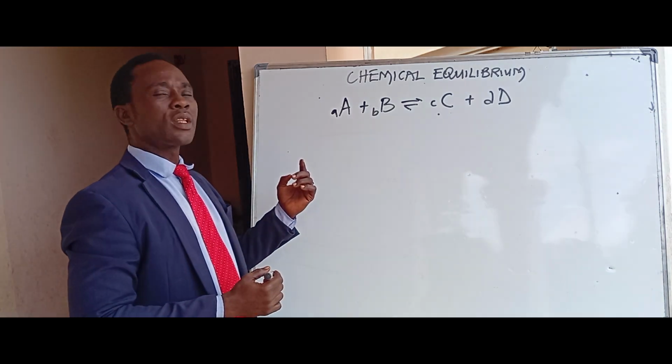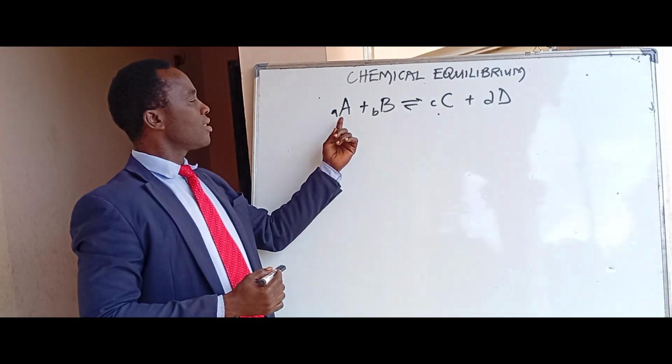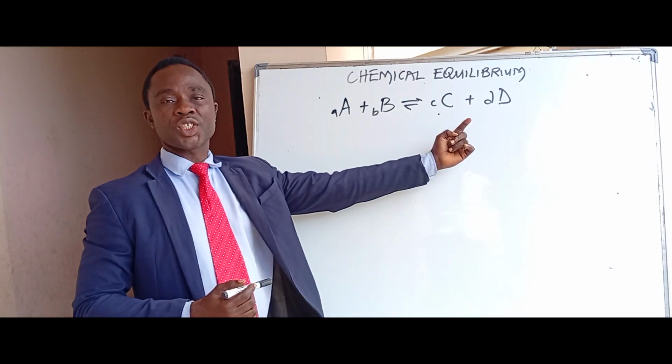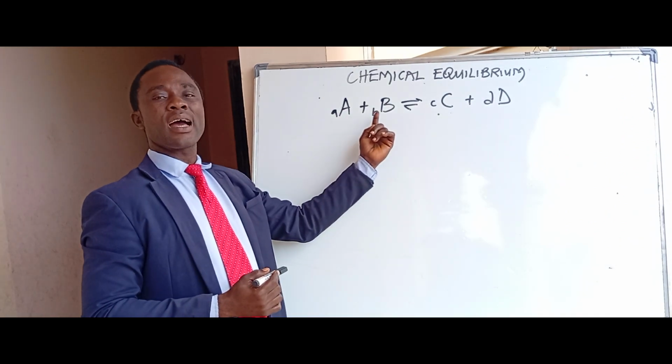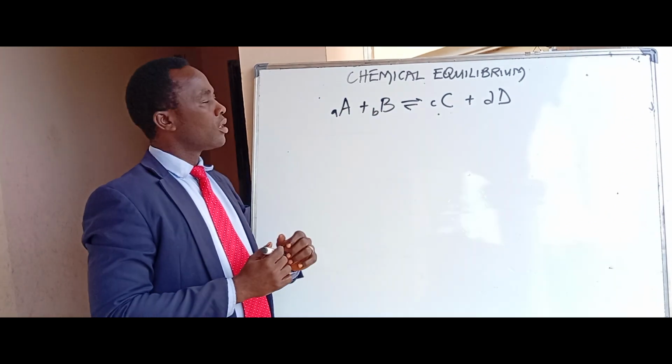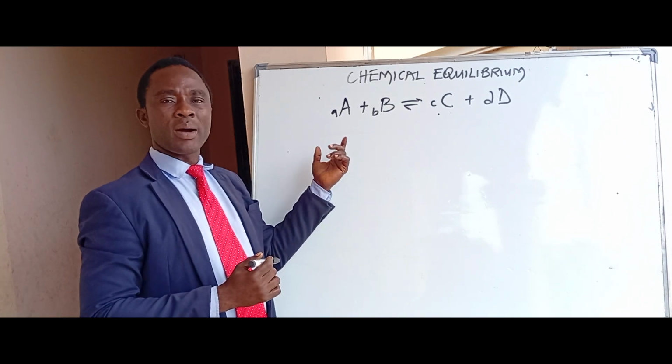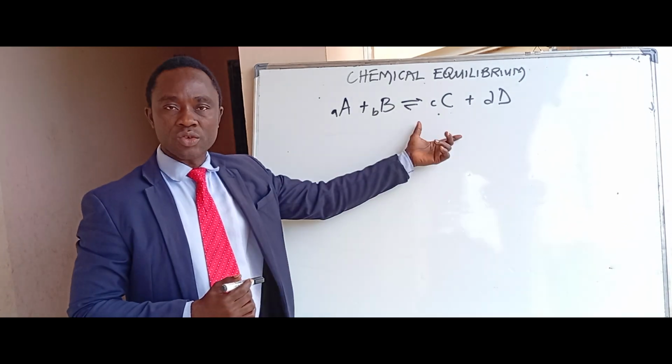Now, if we understand this, we have the reactants for the forward reaction. The reactants are A and B for the forward reaction. Then what is the law of mass action saying for the forward reaction?